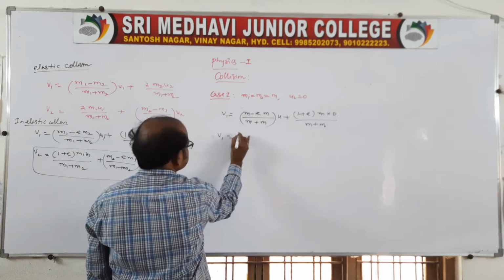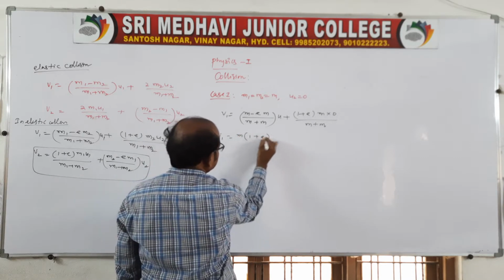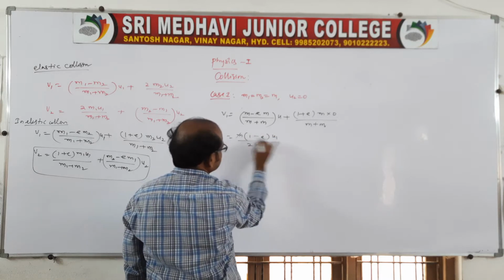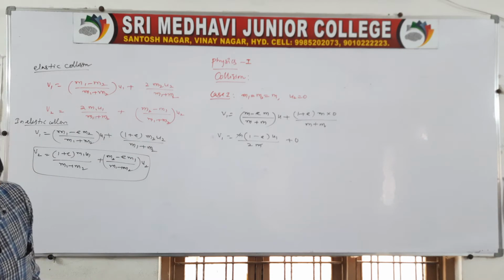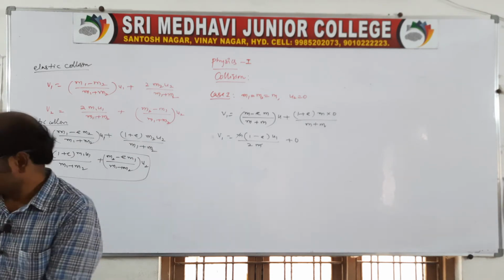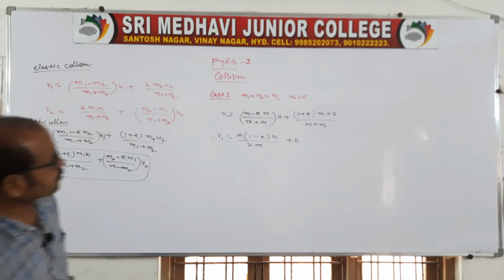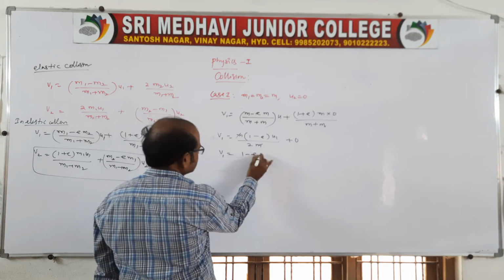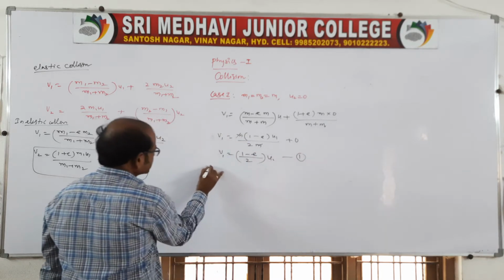So you take M common, (1 minus e) U1 by 2M. You cancel this, and the second term is 0. So V1 is equal to (1 minus e) by 2 into U1. This is expression 1.